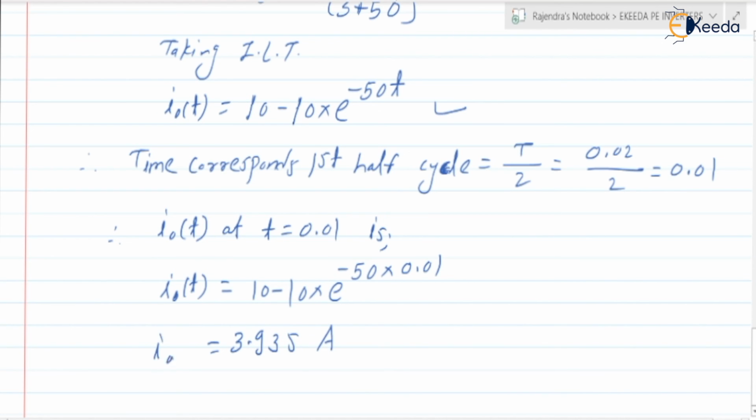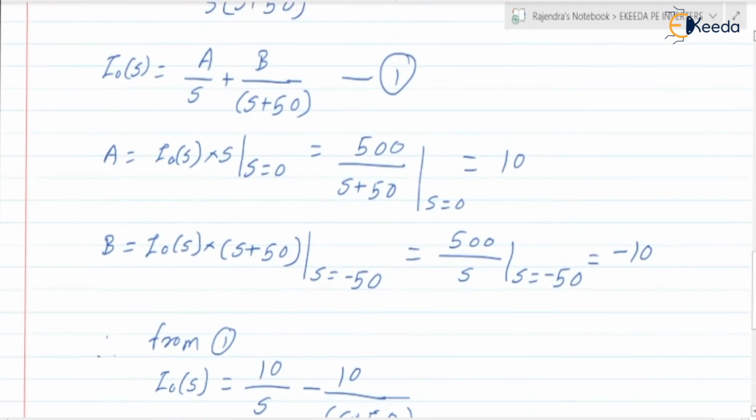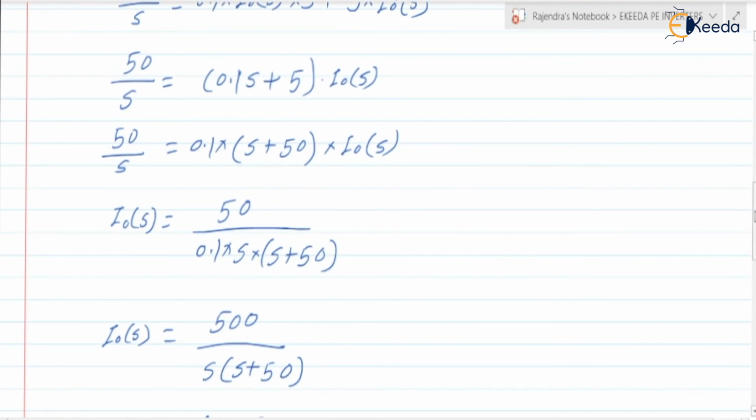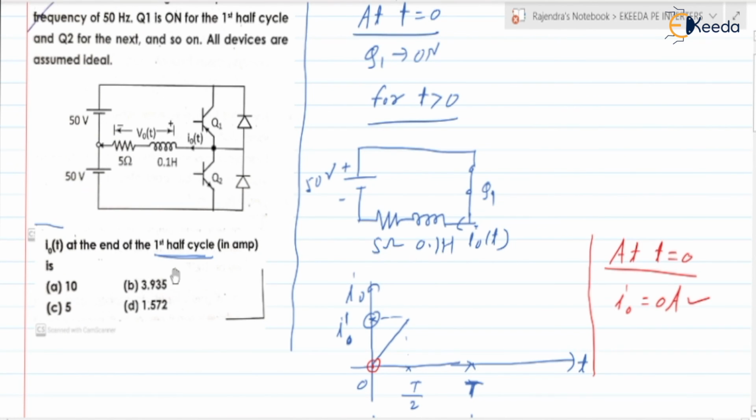Okay, so I0 of t at the end of first half cycle is equal to 3.935 ampere. If you check the options, yes, 3.935, so the correct answer is option B. Option B is the correct answer.